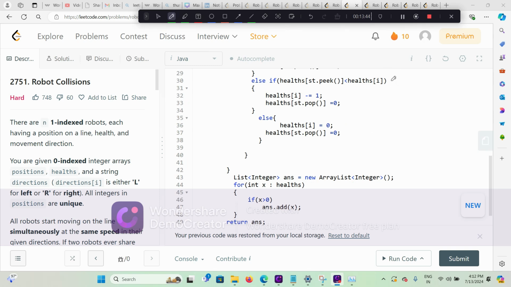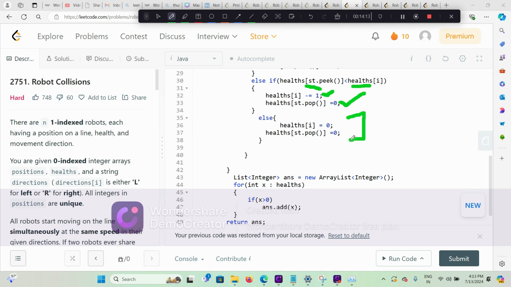So see here, on the other hand, if health of the index is greater than the top of stack guy, in that case also the greater one would be decreased by 1 and the smaller one would become equal to 0. Now there is an else condition also. If neither is greater, then we come to the else condition.